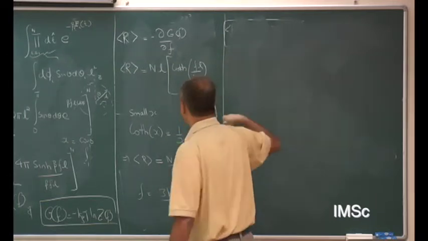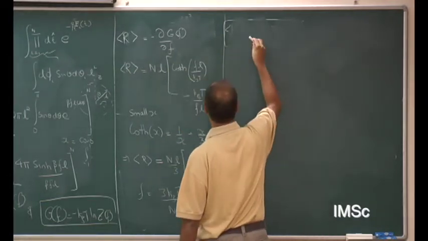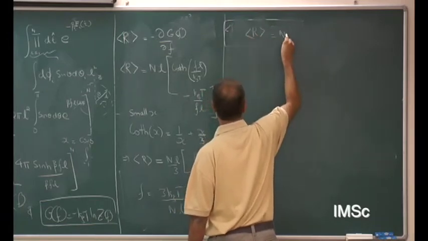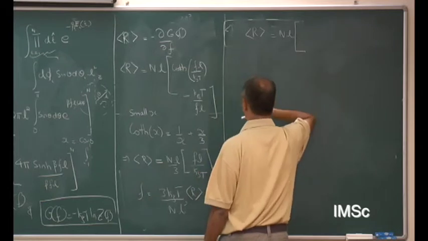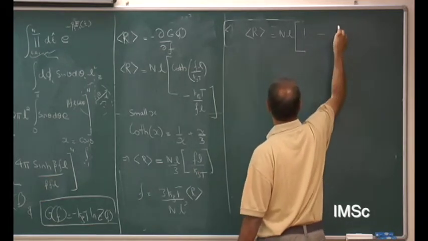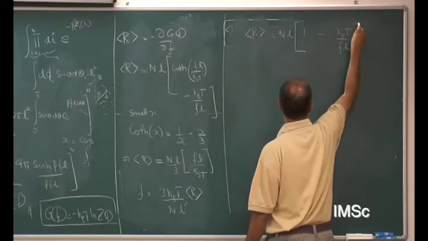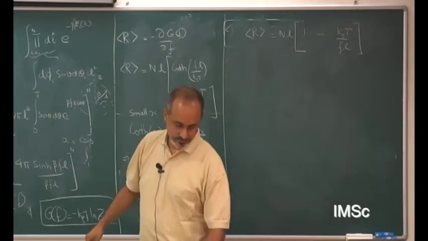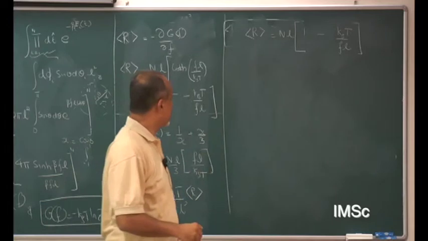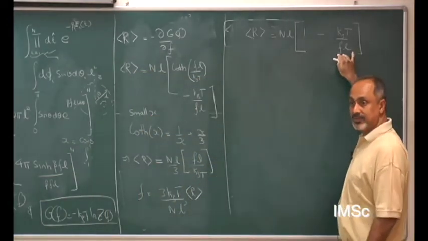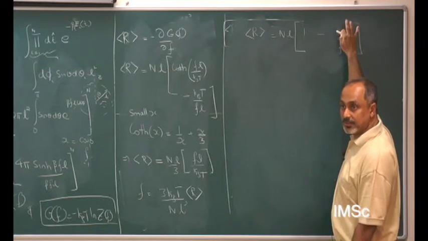So this answer becomes very straightforwardly R averaged is n times L into 1 minus kBT divided by f times L. Now you can see that however large I make my force, this becomes smaller and smaller.